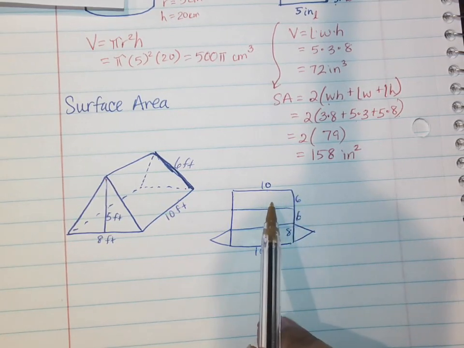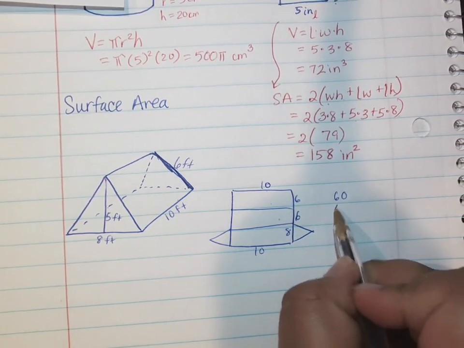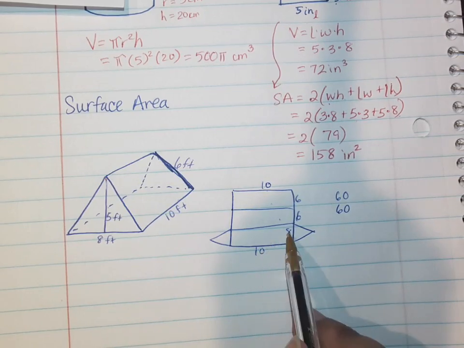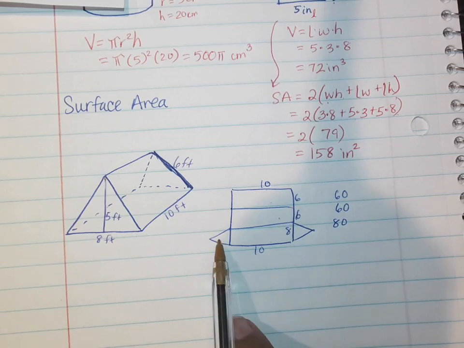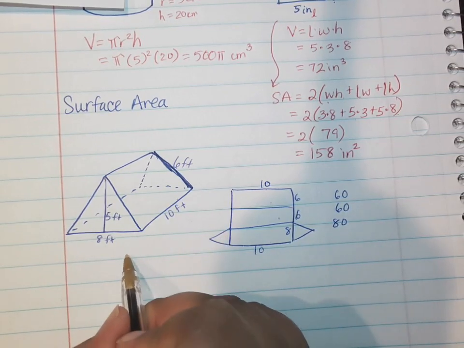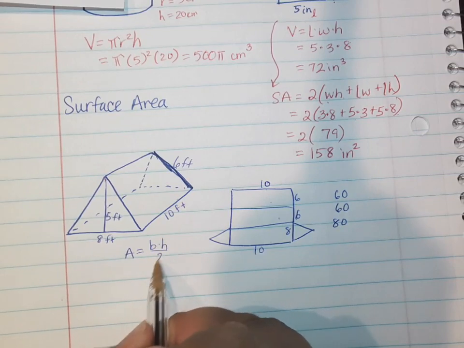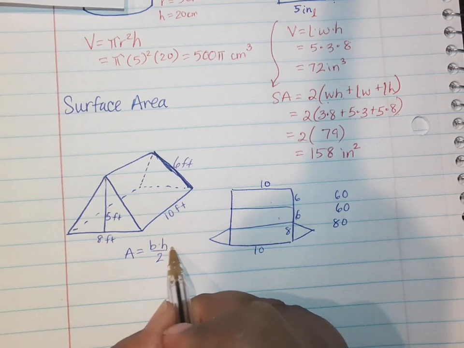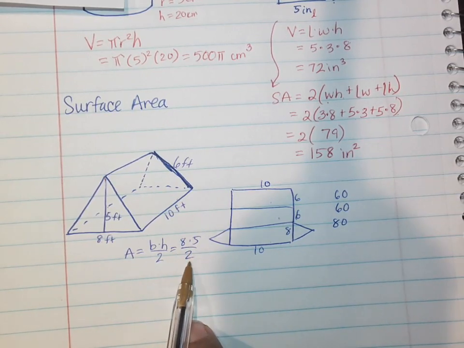So 10 times 6, length times width here. That one's 60. This one's 60. And this one here is 8 times 10 is 80. And then the 2 triangles, we know area of a triangle is base times height divided by 2. Our base is 8. Height is 5. 8 times 5 is 40, divided by 2 is 20.